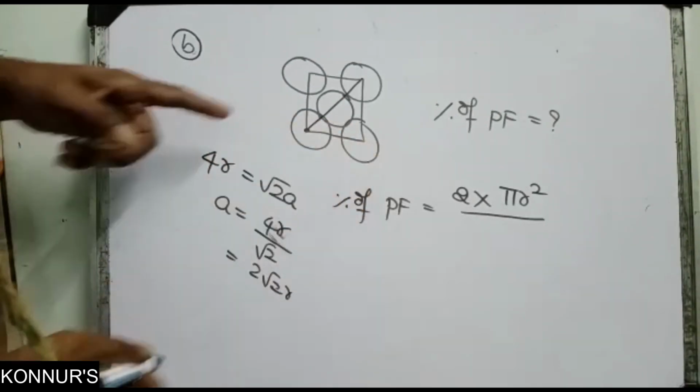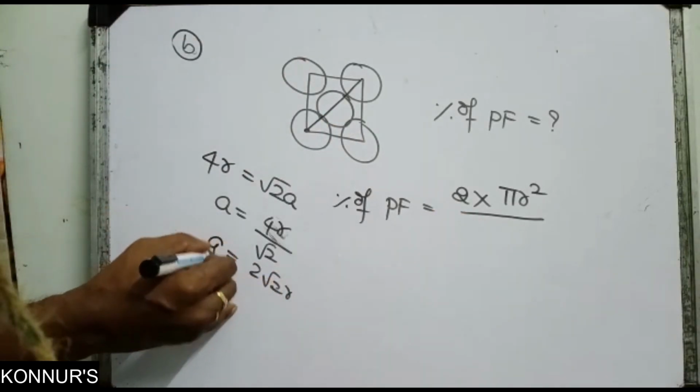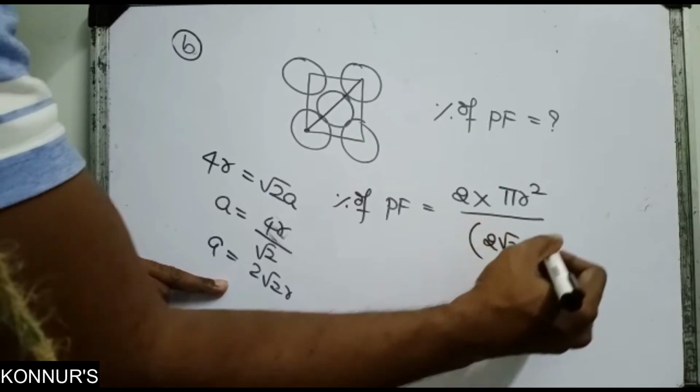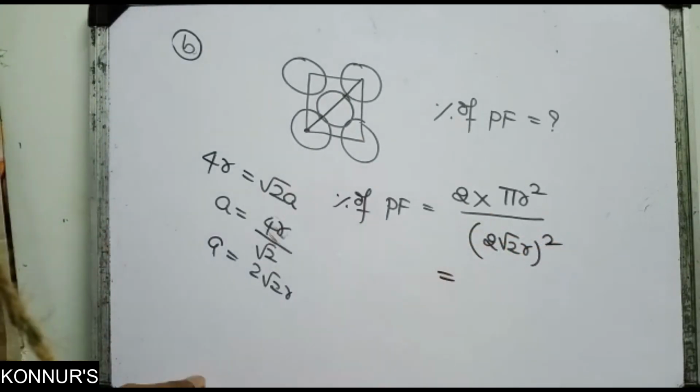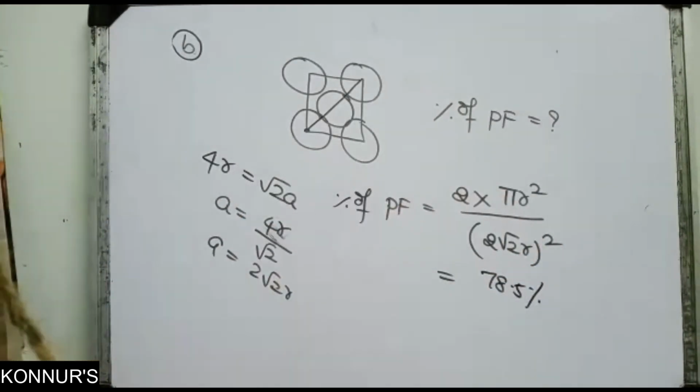Here it is a square box, so the area is a into a, a square, where a equals 2 root 2 r, whole square. With that calculation, you will get 78.5 percentage. This is one more type.